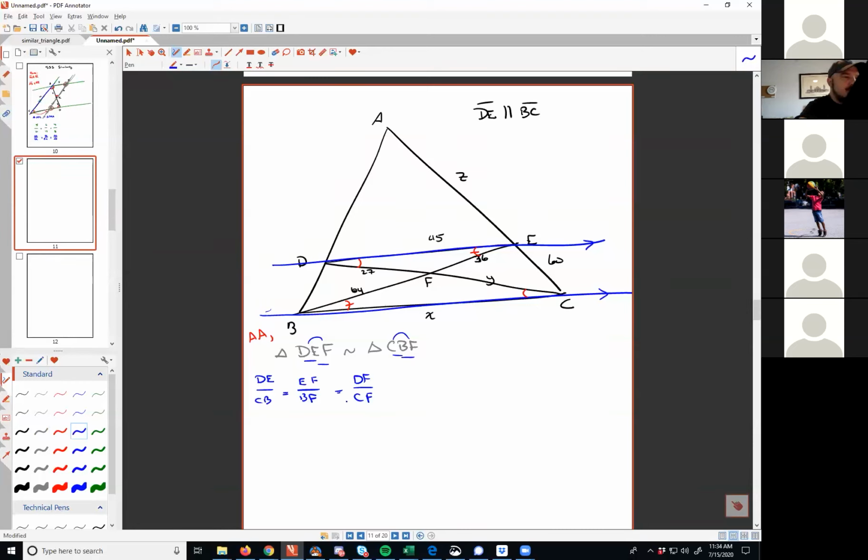Thank you. Okay, so we have some of this information. Let's see, DE is 45. So 45 over X equals 36 over 64. So our similarity ratio reduces to 9 over 16. So what is X?